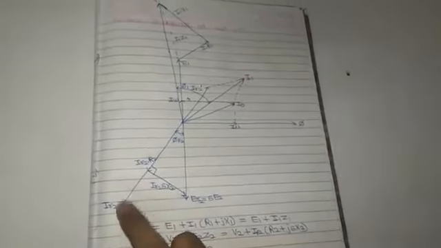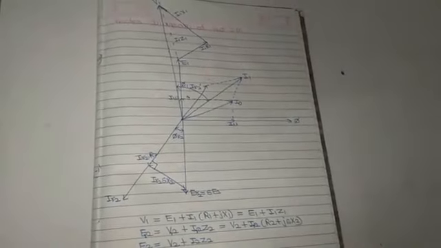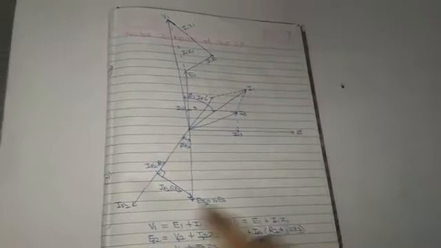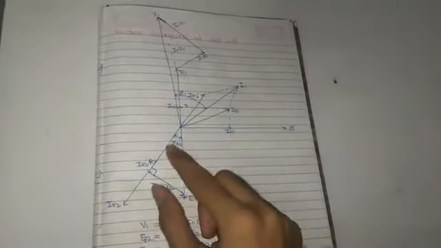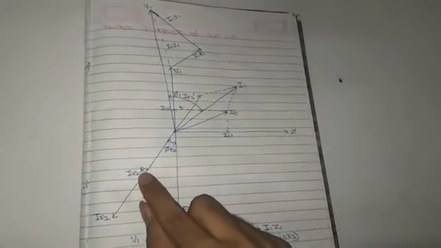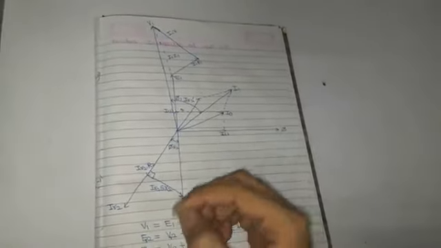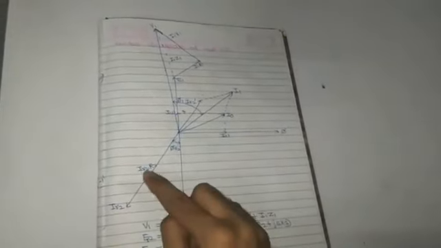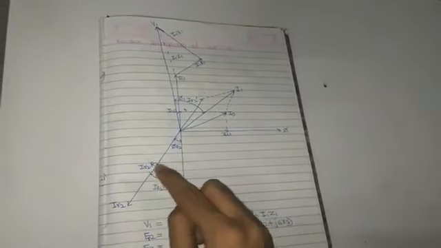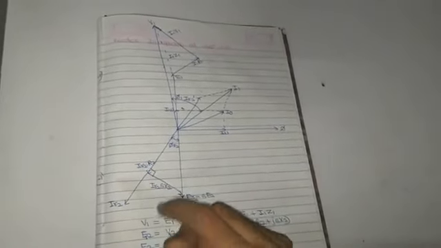So in the secondary winding this IR2 current flows at the running condition of the rotor. IR2 into R2 is the current flowing through the resistance, and it is in phase with IR2 because it is a resistance.